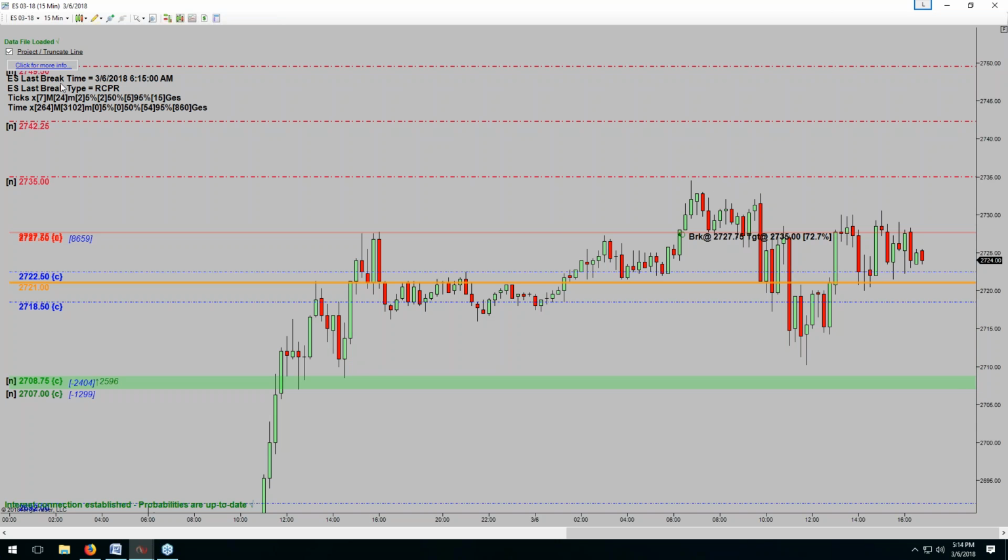You've already gotten your 7 ticks. That's the median, right? So anything that you get above that 7 ticks in less than 54 minutes, that's great. Now, if you're going to sit in it longer than 54 minutes, then wonderful. If you already got your 7, then you've got more than the average, right?